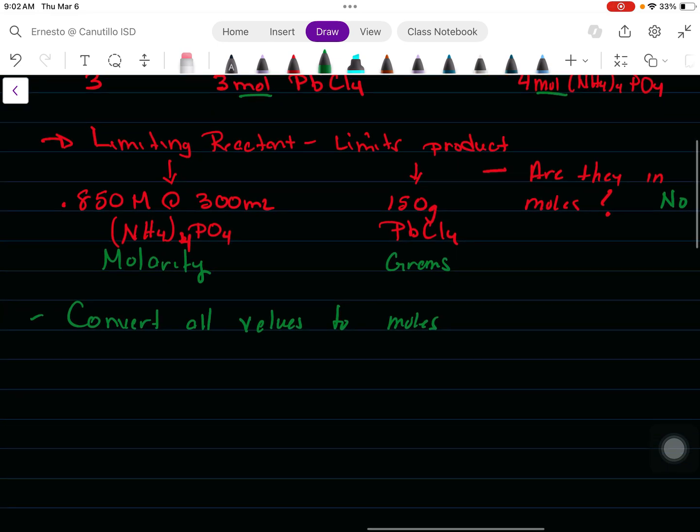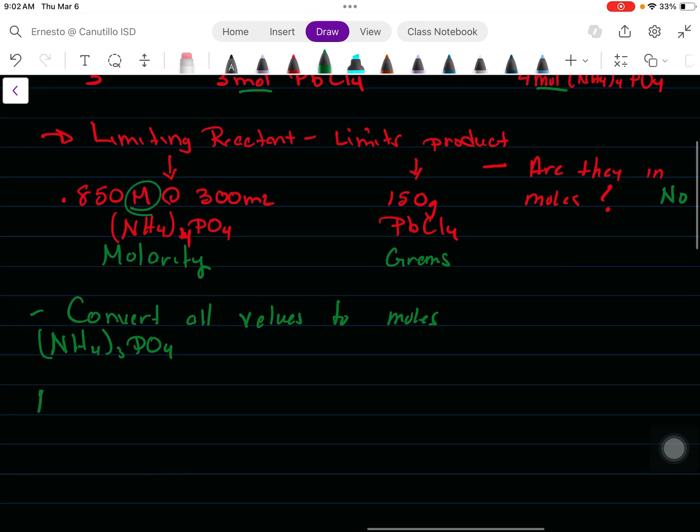Now, let's start with ammonium phosphate, which has 0.85 molar at 300 mL. Anytime I see this unit, I'm thinking of a molarity. It's a solution. So because it's a solution, I have to use the molarity formula. The molarity formula is going to allow me to convert into moles.